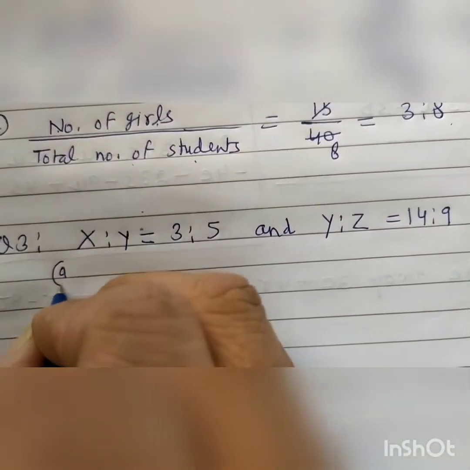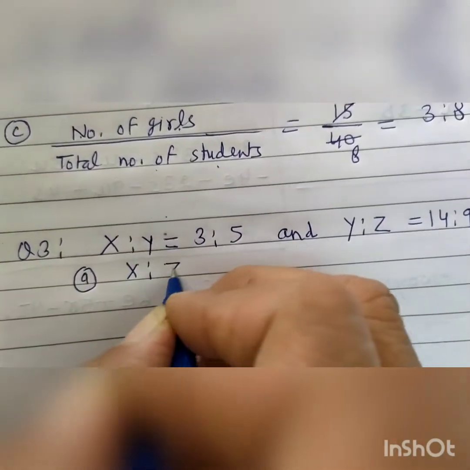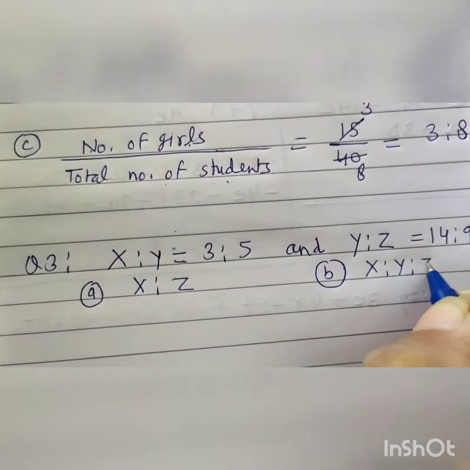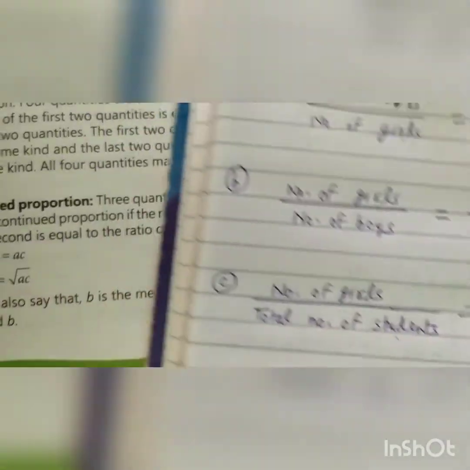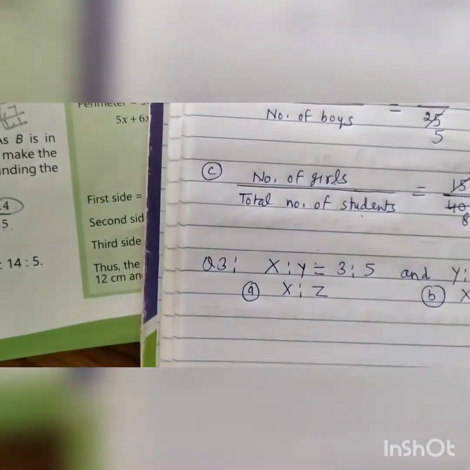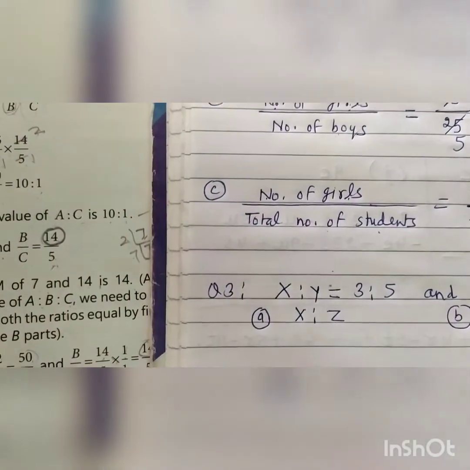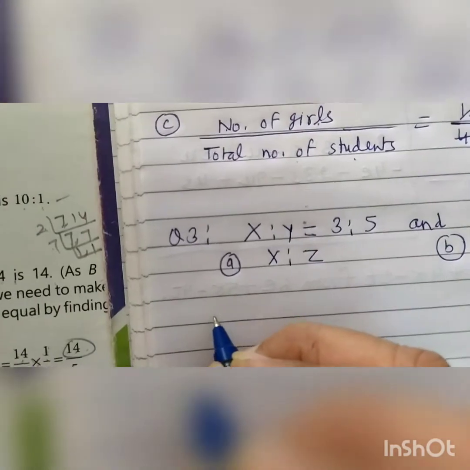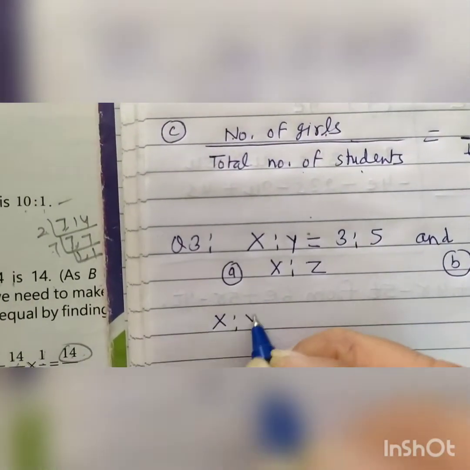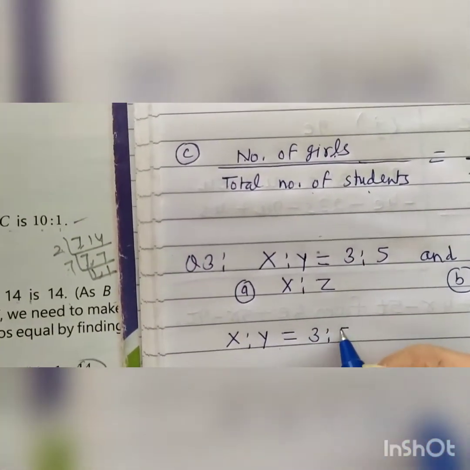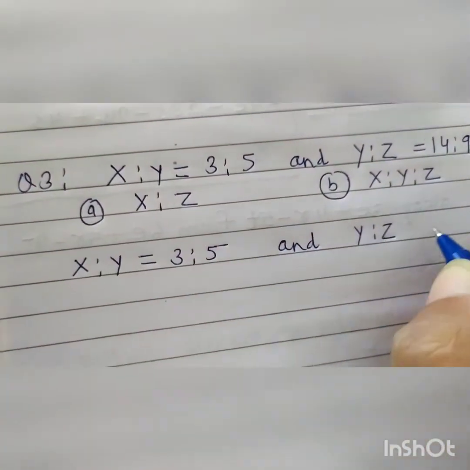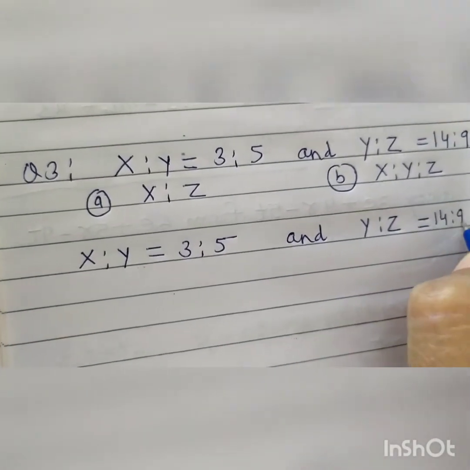We have to find in part A x ratio z and in part B we have to find x ratio y ratio z. We will apply the same method here. See here. First we will write x ratio y is equal to 3:5 and y ratio z is equal to 14:9.